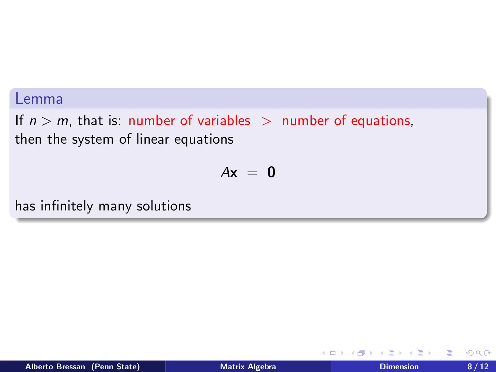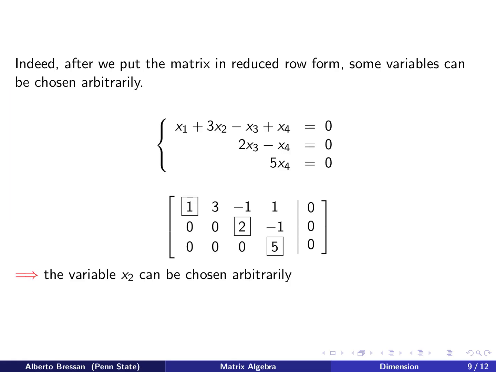Note that this does not contradict the counterexample we had in the previous slide, where we have a non-homogeneous system where the right-hand side B is not completely 0. Okay, in that case, it's a different discussion. Okay, let's see if we can give an intuitive kind of proof or argument for this lemma.